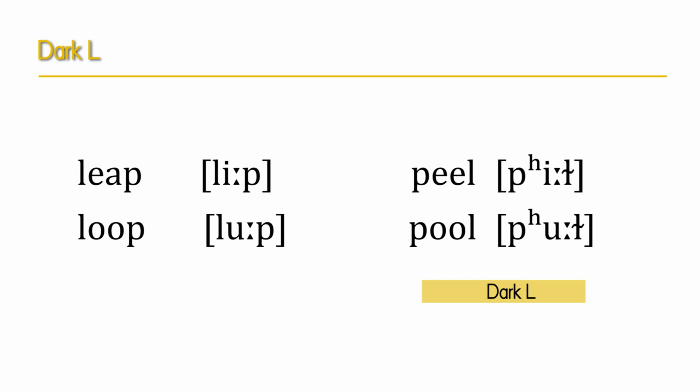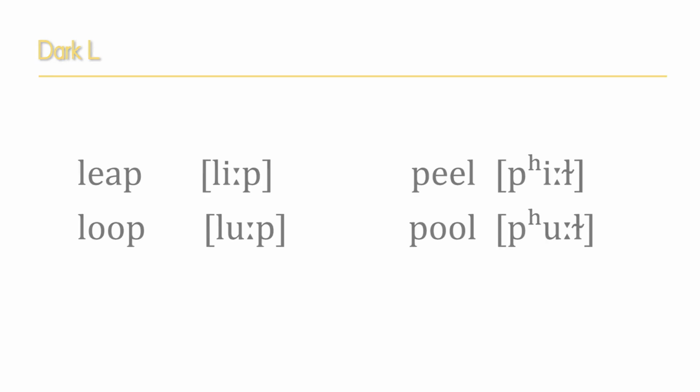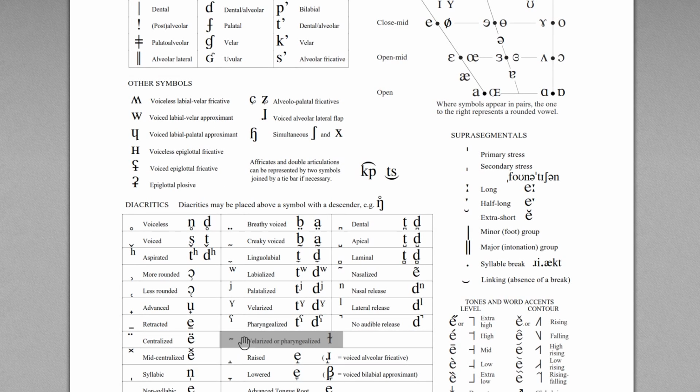And once you distinguish it in hearing, if you're transcribing that speech, you're going to reflect it in your narrow transcription. How do you reflect it? You use a secondary symbol for velarization, which sits through the symbol.